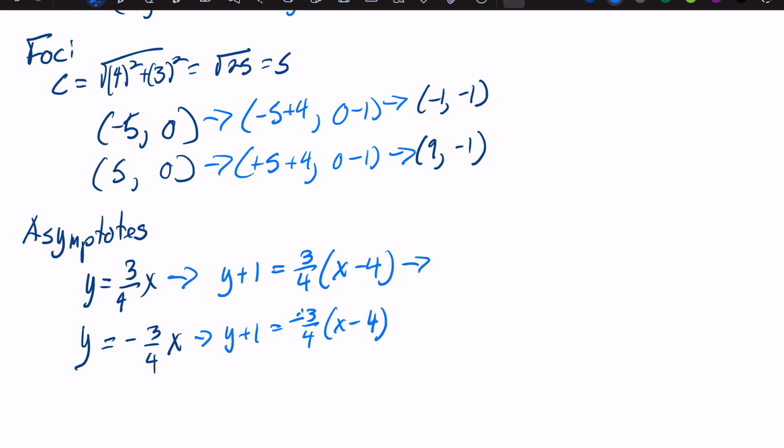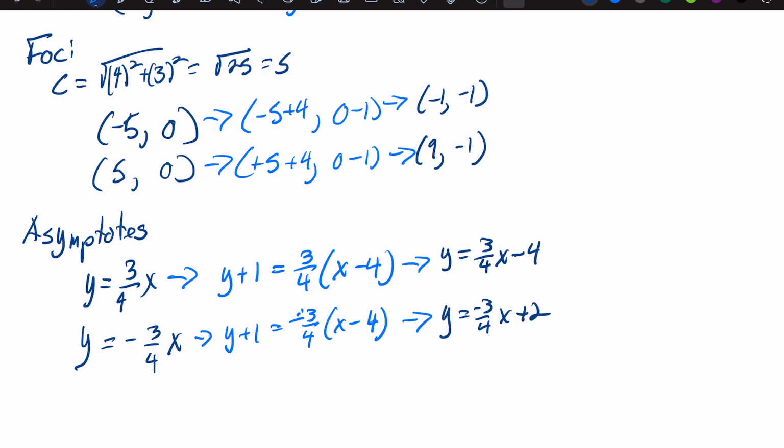All right. So what does that give us? Let's go ahead and solve this out. So this becomes y is equal to 3/4 x minus 4. And this becomes y equal to minus 3/4 x. That gets me +3 minus 1, so +2.